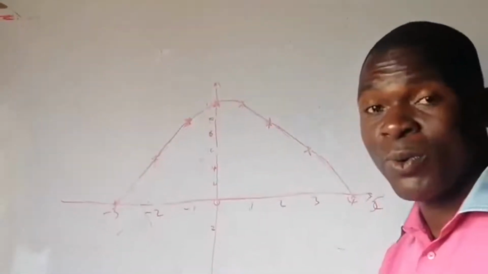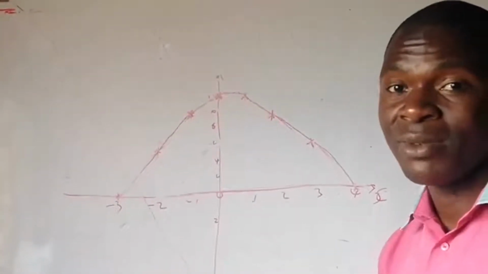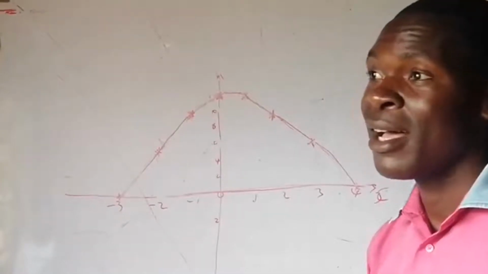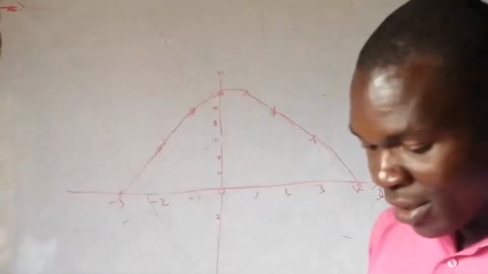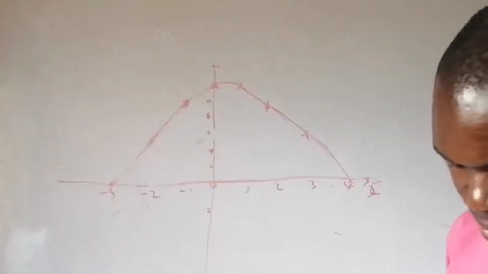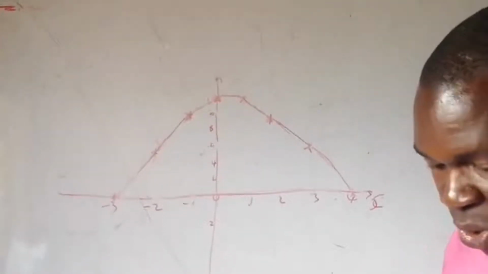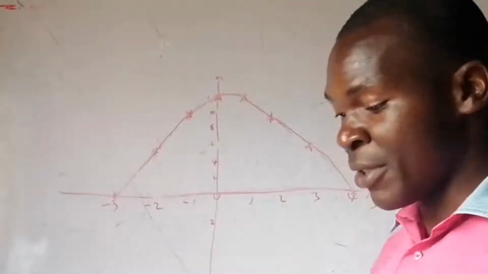Okay, now we want to move on to the second question, which is related to the graph, to this function. You can be asked to attempt this question. Use your graph to find the roots of the equation.